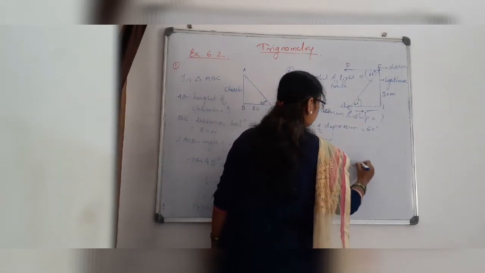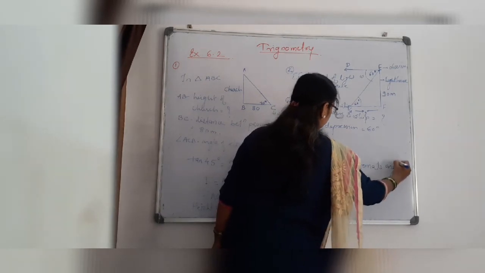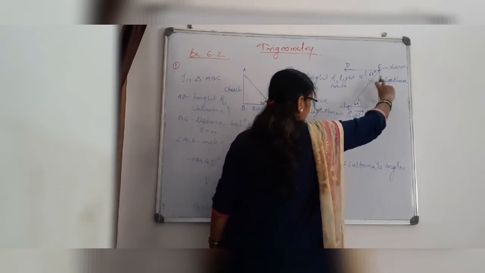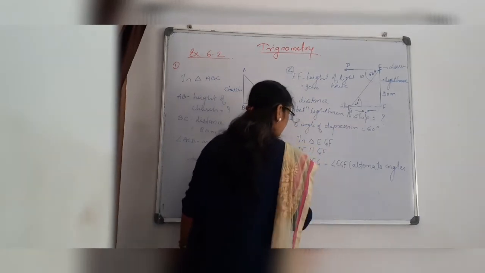Which type of angles are these? Alternate angles. Now here also, this is the adjacent, this is the opposite. The opposite is given, you have to find the adjacent. So what do you have to take? Tan 60.